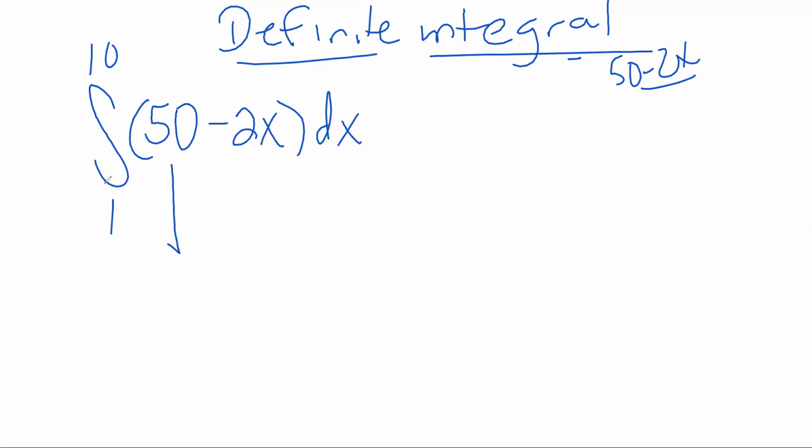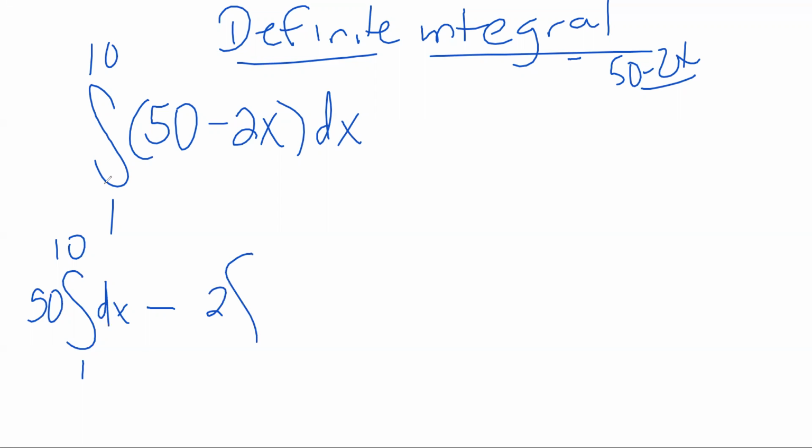You're going to find out that since 50 is a constant, it's going to become the integral of 50 from 1 to 10 dx. That's not a complicated one. The other part is going to become 2 times x dx. So anytime you have a difference or a sum of 2 terms, I would make it 2 integrals.